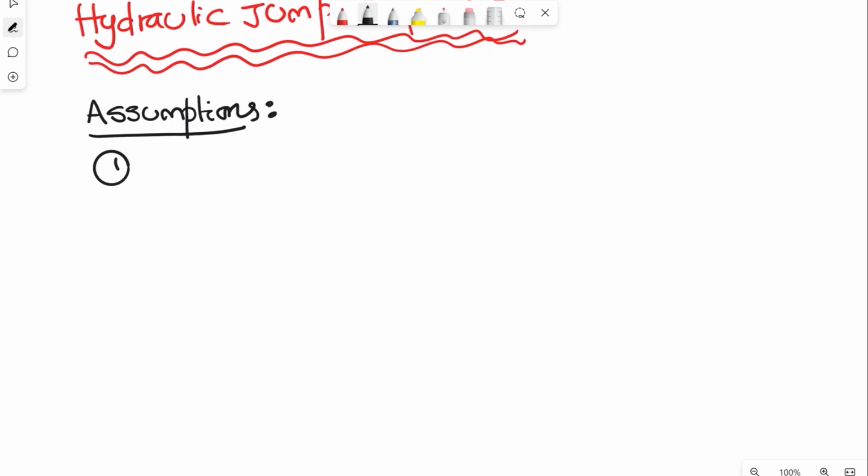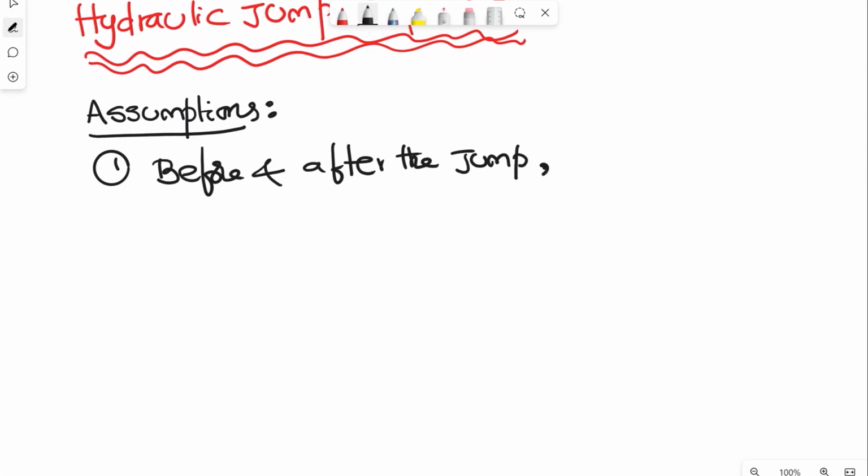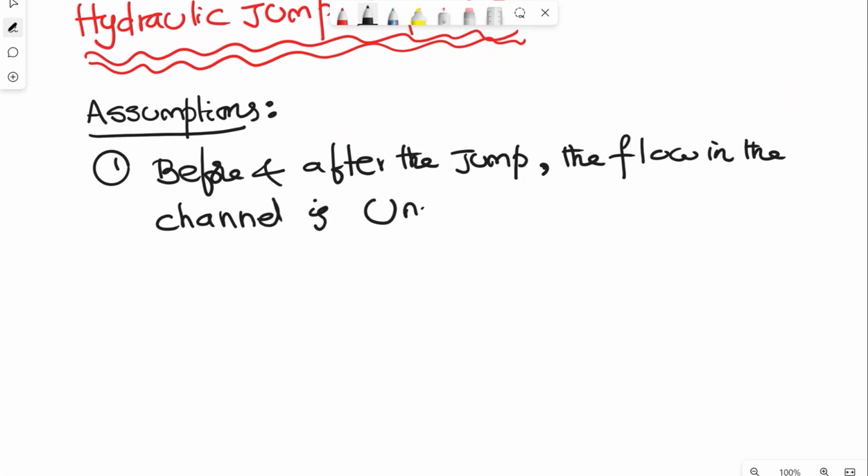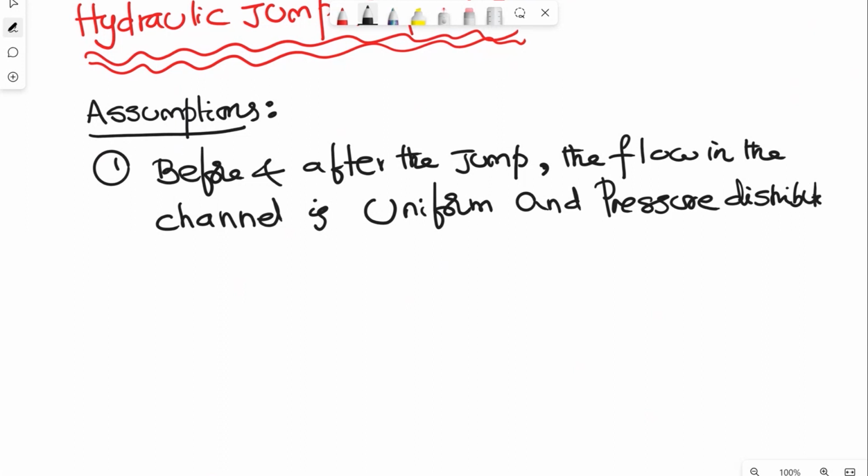Number one: before and after the jump, the flow in the canal is uniform and the pressure distribution is hydrostatic.